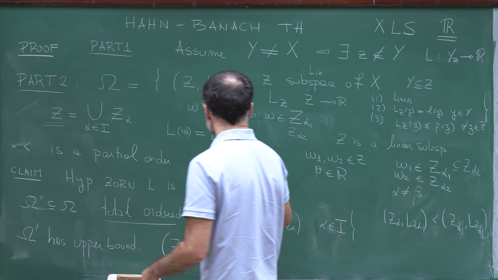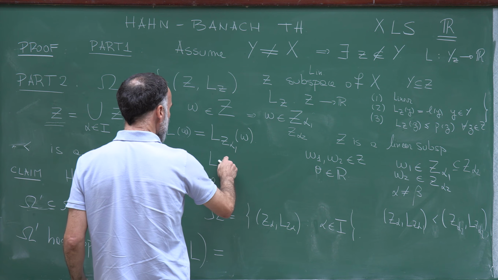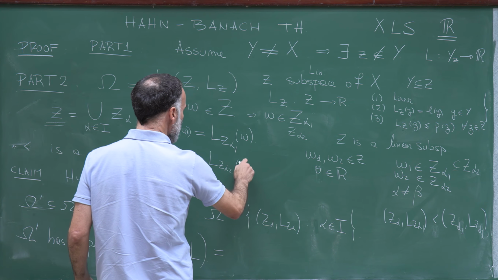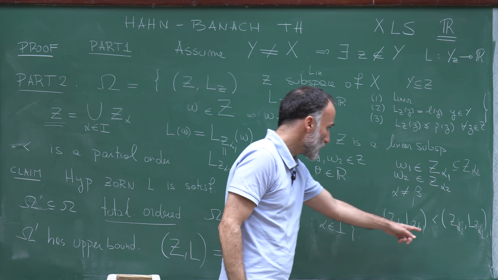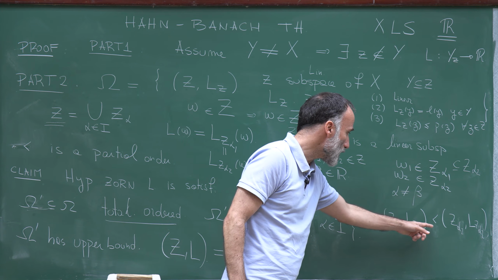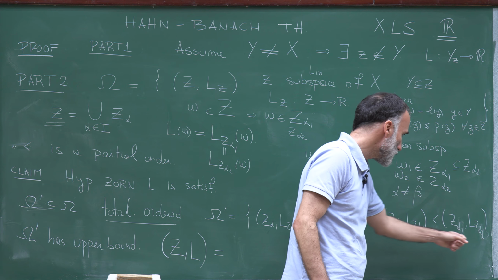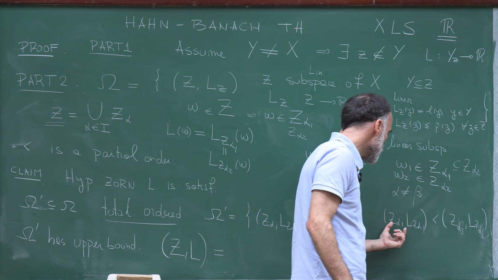So L_Z alpha 1 and L_Z alpha 2 of omega coincide, because in our definition of this relation, I'm requiring the linear functionals to coincide on the smaller space.